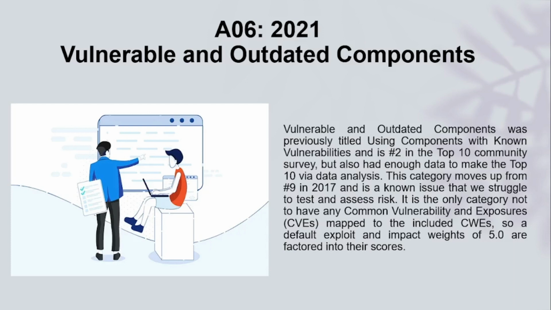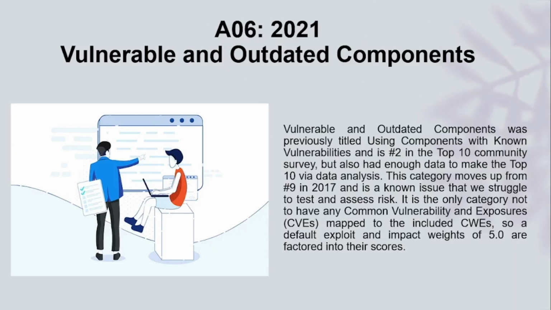Vulnerable and outdated components was previously titled Using Components with Known Vulnerabilities and ranks second in the Top 10 community survey, but also had enough data to make the Top 10 via data analysis.